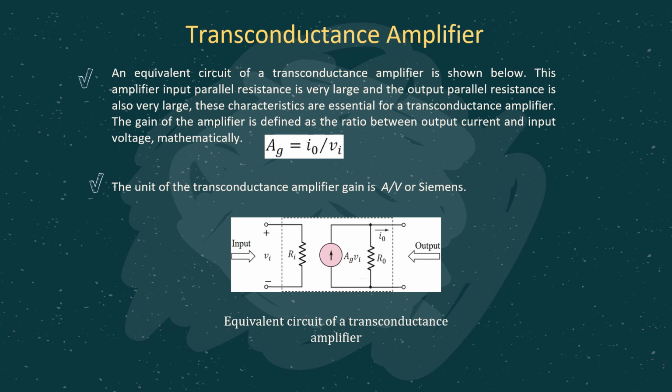Then for the third part, we have the transconductance amplifier, which actually amplifies the transconductance value. I don't want to go into details for this amplifier model, because our main concern is the voltage amplifier and current amplifier. So it's enough for you to know that another model is the transconductance amplifier.